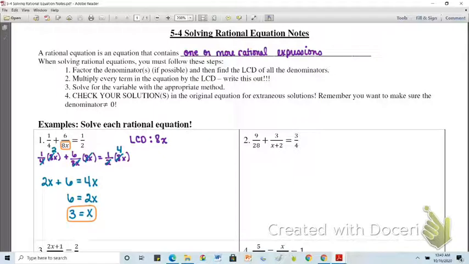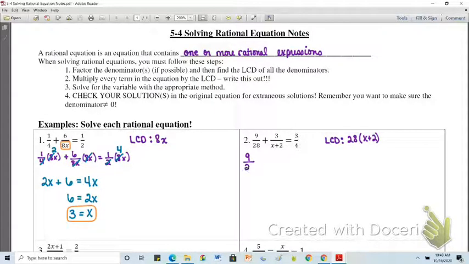Let's look at number 2. First thing I'm going to figure out is what is my least common denominator. Again, there's nothing to factor here, so between 28 and 4, that is 28. And then I bring my factors along. So step 1, I'm going to multiply every single term by it and write it right next to it.